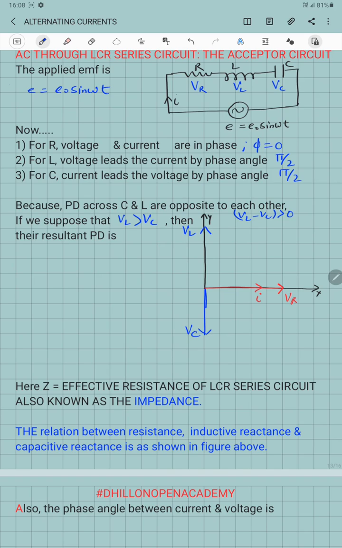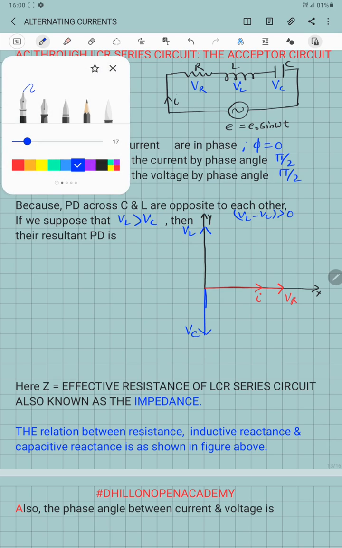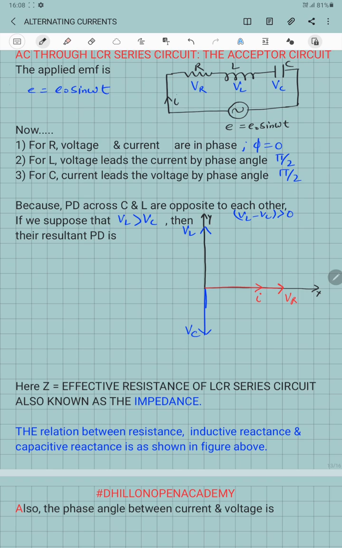This means that the resultant potential difference for the inductor and capacitor will be along the y-axis. We can represent it like this: from O to this point we have the resultant potential difference VL minus VC for the inductor and capacitor along the plus y-axis.